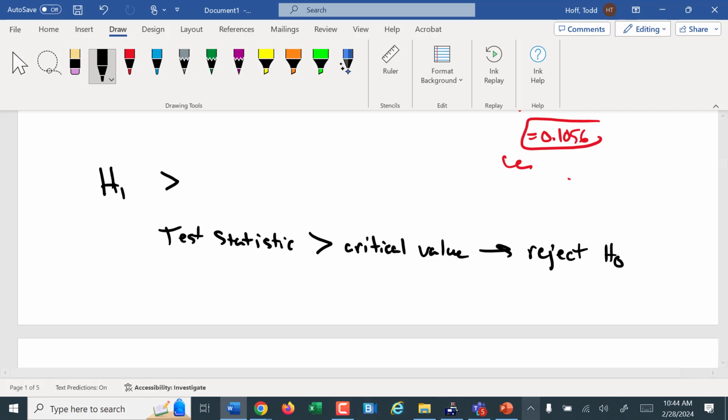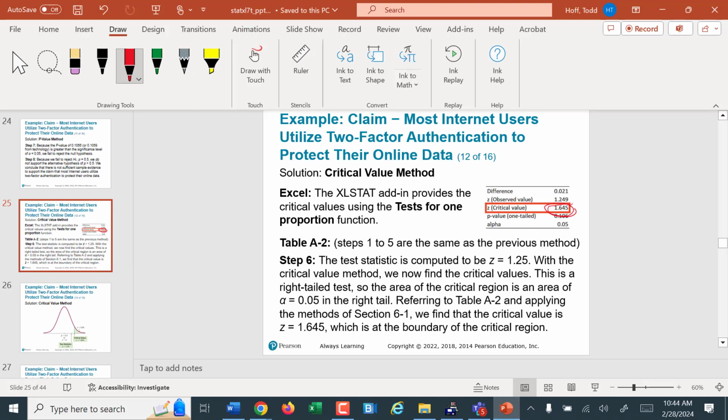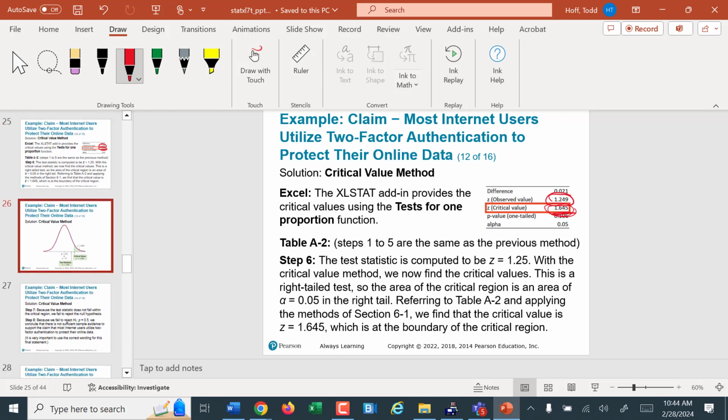Well, we've already concluded we failed to reject the null hypothesis. So we can see here, this is our observed value or our test statistic. This gives 1.249. We had 1.25 where we rounded it. It is not greater than that critical value of 1.645. Therefore, we would fail to reject. The critical value method and the p-value method should always give you the same answer.